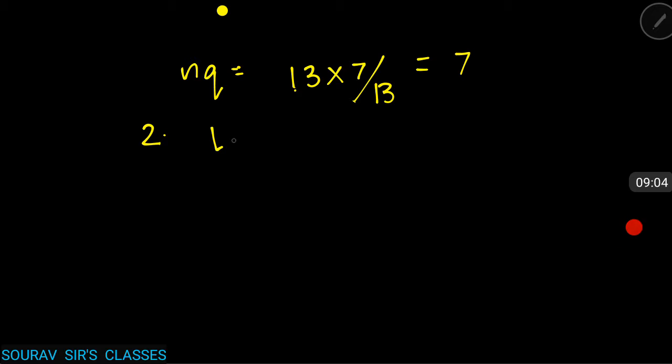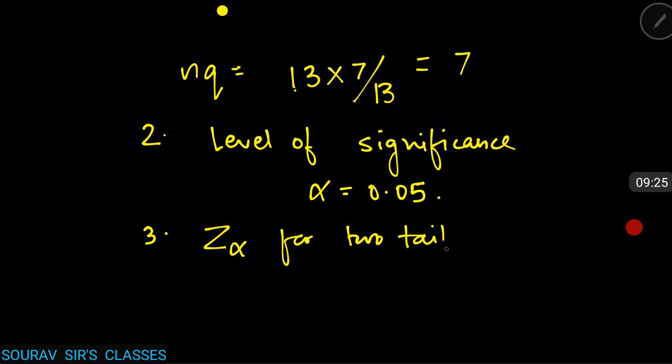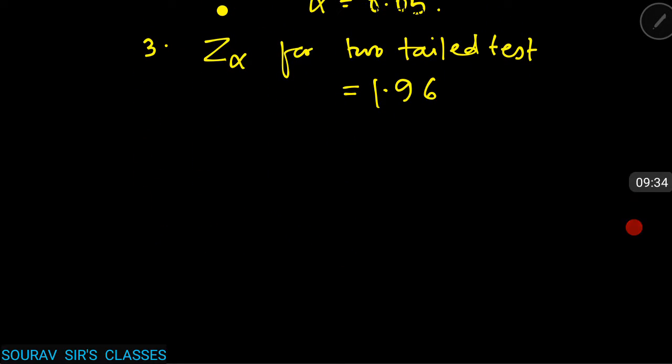Number 2. Level of significance. Alpha is equal to 0.05. Number 3. Z alpha for two-tailed test is equal to 1.96, which is taken from the table. Number 4.